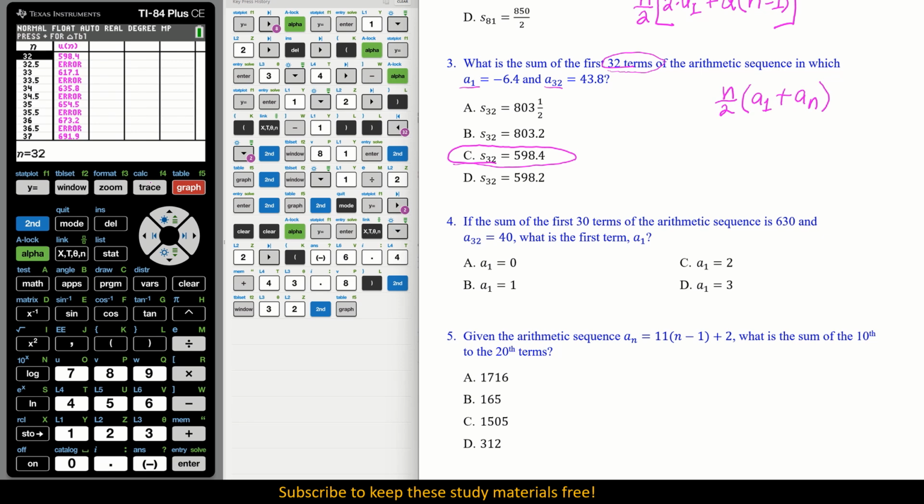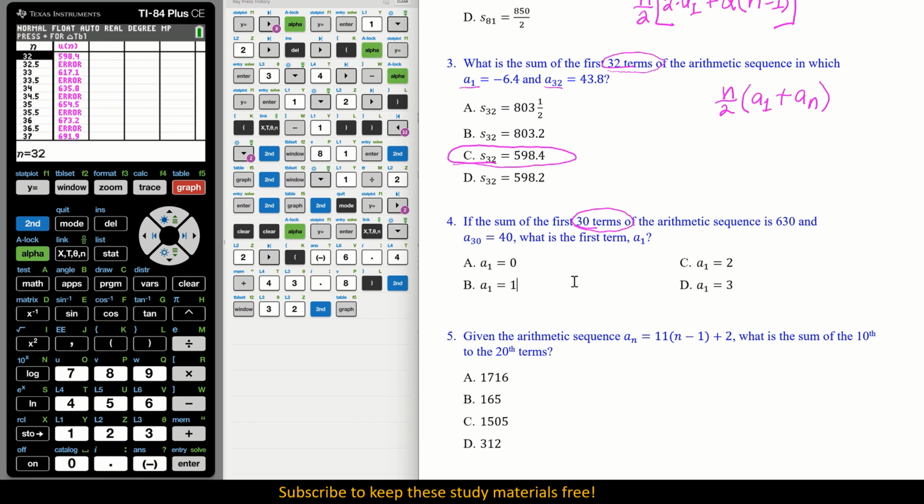Okay. All right. So let's go to number 4. If the sum of the 30th term of the arithmetic sequence is 360 and a sub 30, that should say 30, guys. Sorry about that. A sub 30 equals 40. What is the first term?